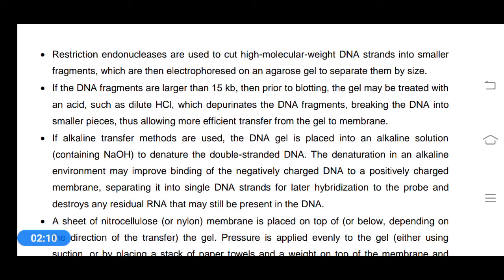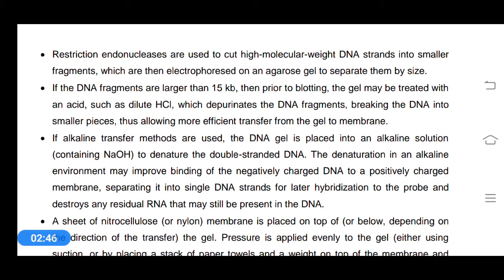These smaller fragments are treated in electrophoresis, and by agarose gel electrophoresis we can separate them based on their molecular size. DNA fragments similar in molecular weight can be separated using agarose gel electrophoresis.